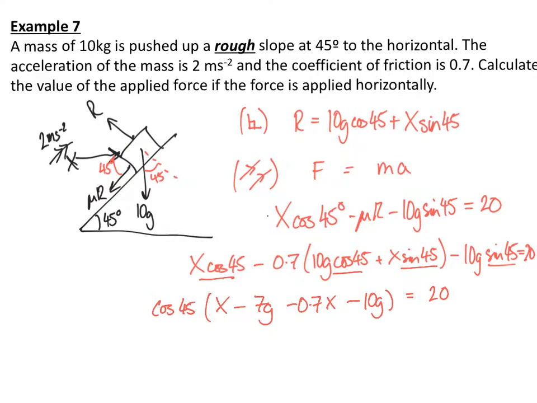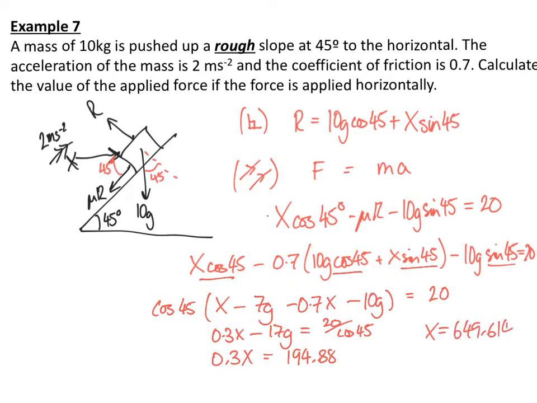So X minus 0.7X is 0.3X, minus 7g minus 10g is minus 17g, and that equals 20 divided by cos 45. And so when I take everything to one side, 0.3X, we end up getting 194.88. And so you find then that X is equal to 649.614. If I'm doing that to three significant figures, 650 newtons.